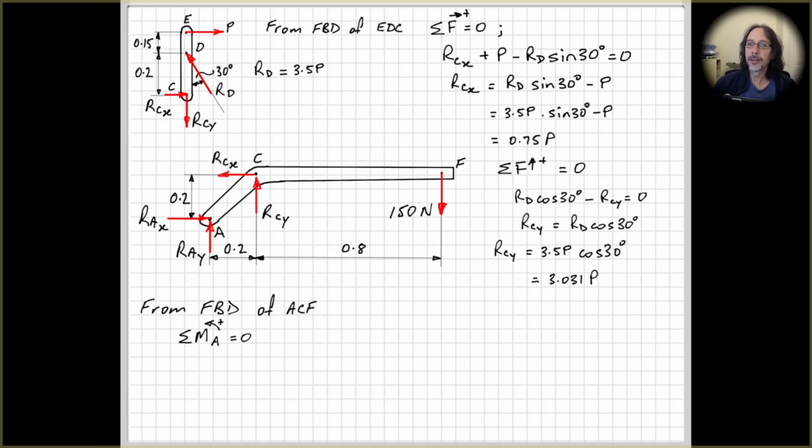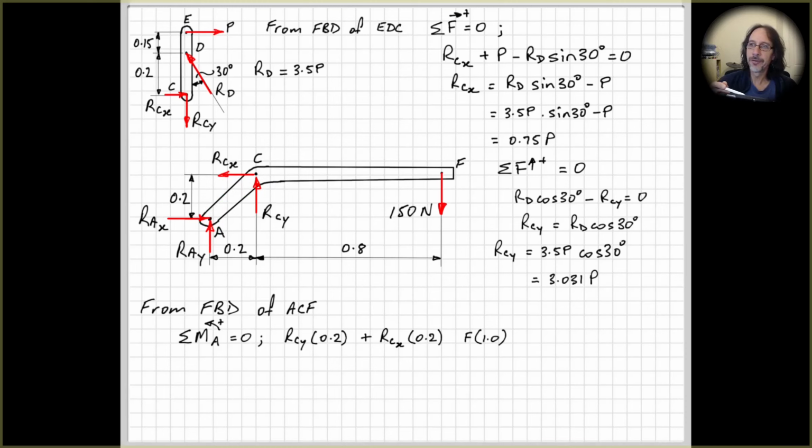we can take moments about point A. So now we'll have RCY times 0.2, so its perpendicular distance here is 0.2, tending to rotate anti-clockwise, so that's a positive moment. Then we have RCX times 0.2, so its perpendicular distance is this one in here, tending to rotate anti-clockwise, so it's also positive.